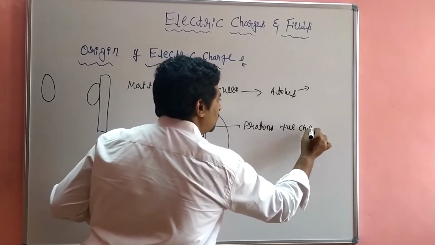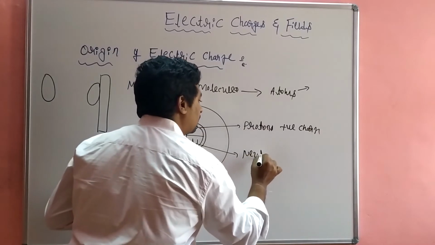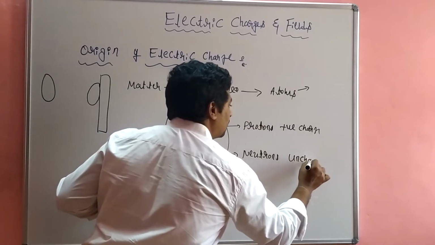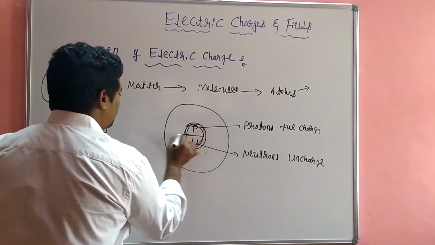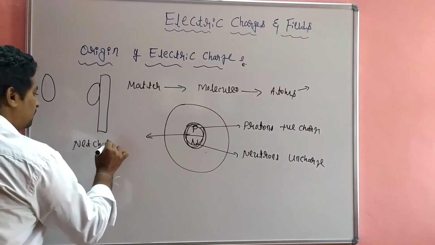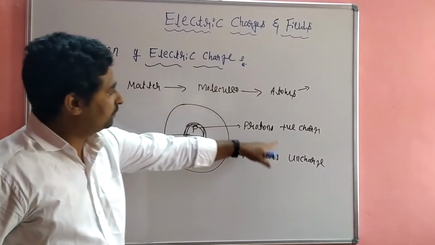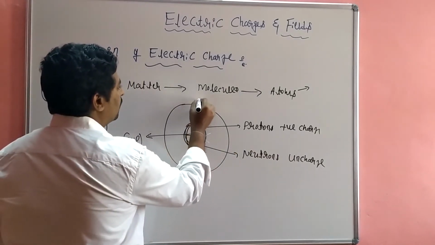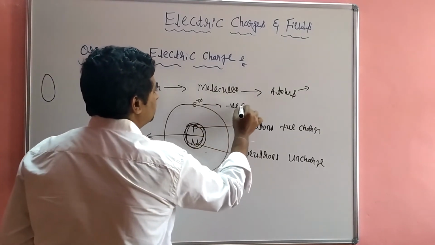Neutrons are uncharged. So what about the net charge in the nucleus? The net charge is positive, because the neutrons are uncharged. The electrons are revolving around the nucleus. These electrons are negatively charged.